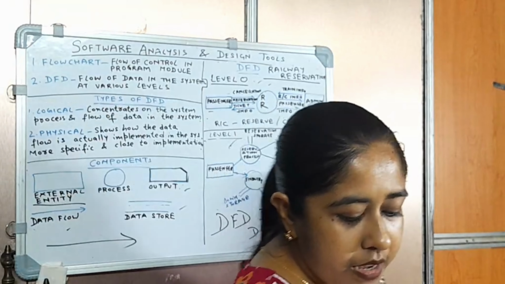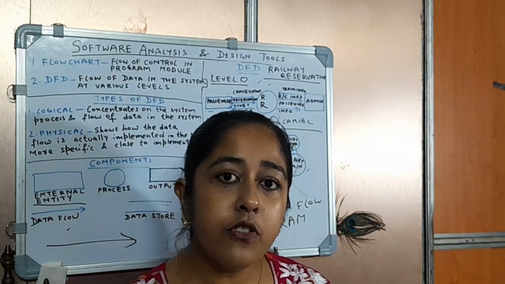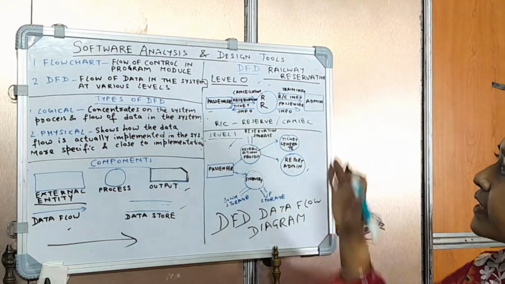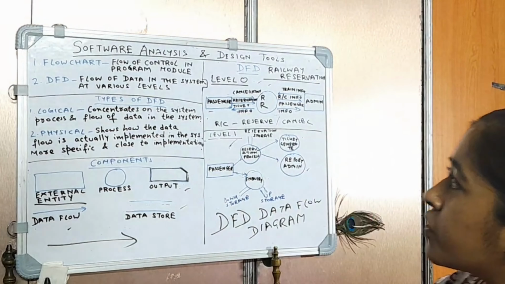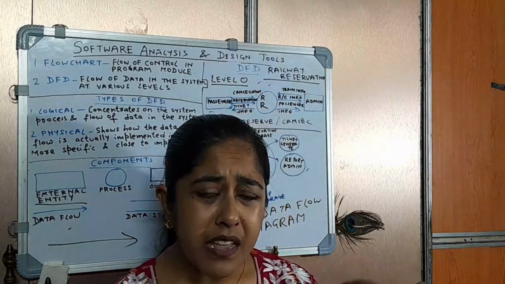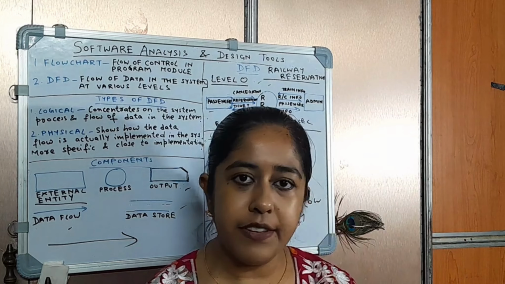Now after all these things, we have to see how we are going to construct a DFD. This is my DFD, that is my railway reservation system. I have already told you what happens in a railway reservation system. I am showing here two kinds of DFD, level 0 and level 1.